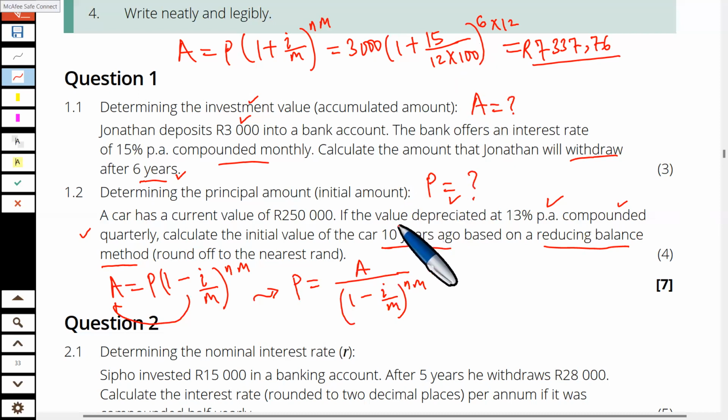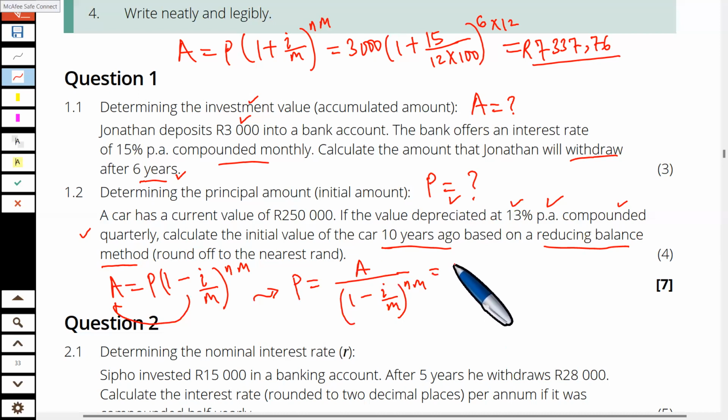So obviously at this point, what you need to do is to calculate the value of P. Yes. So what is the value of P? We're interested in actually calculating the value of the car 10 years ago.